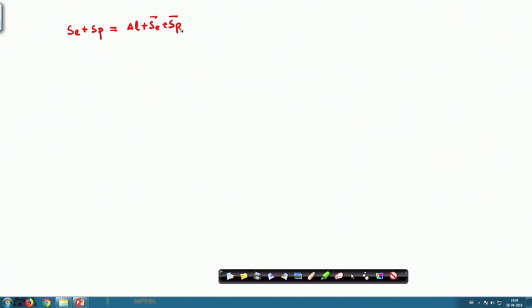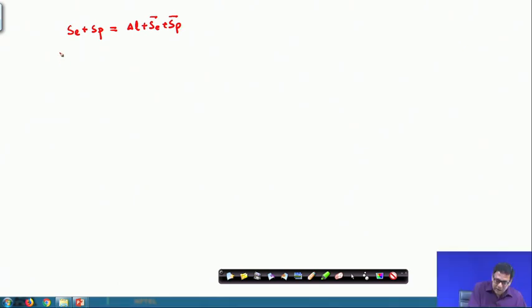I can write that. Okay. So, from here I can write SE bar is equal to SP minus SP bar plus SE minus del L. Okay.